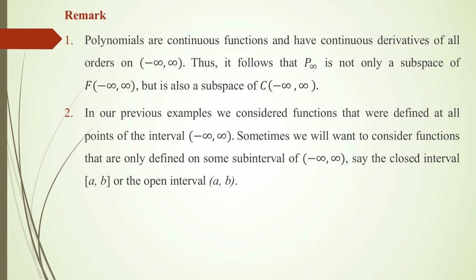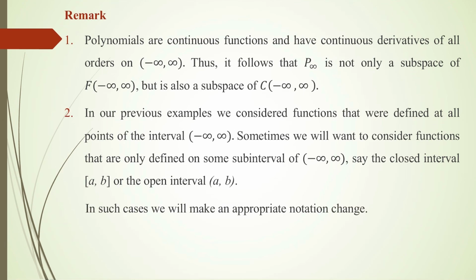Also, in the previous examples, we considered functions that were defined at all points of the interval minus infinity to infinity. But sometimes we will want to consider functions that are only defined on some sub-intervals of minus infinity to infinity, say closed interval [a, b] or open interval (a, b).